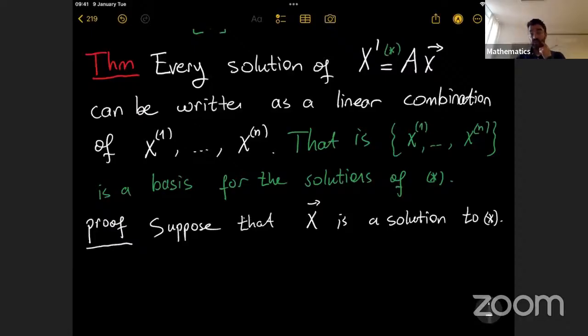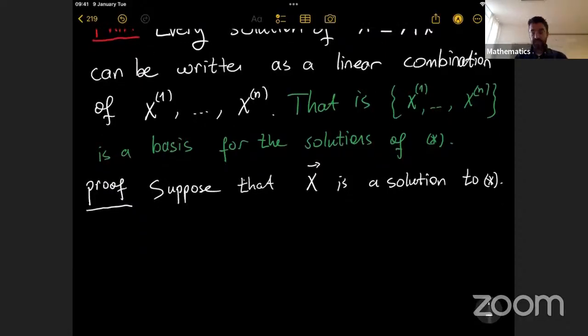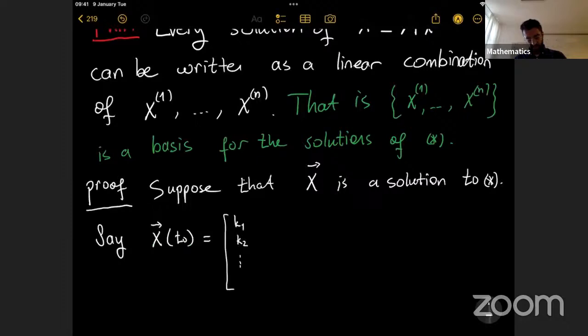So let's say we have one solution and it has some initial value, right? Say x at t0, at some point t0, it is equal to a constant vector, k1, k2, kn, okay? It's equal to that vector.